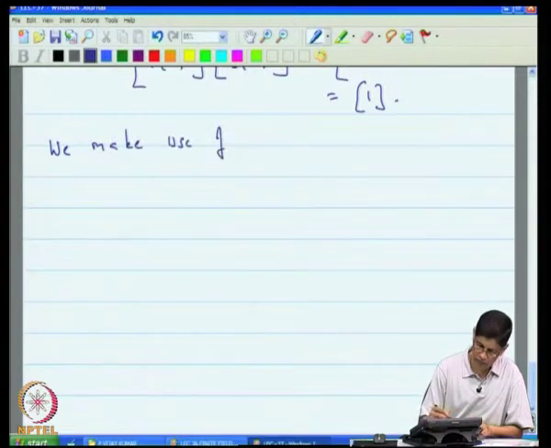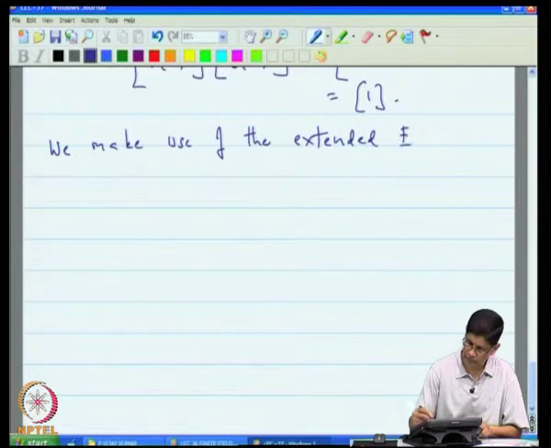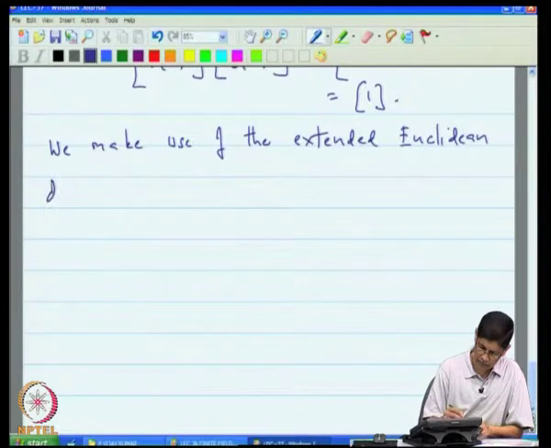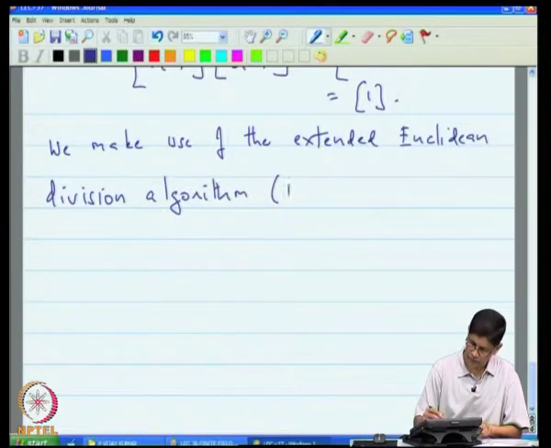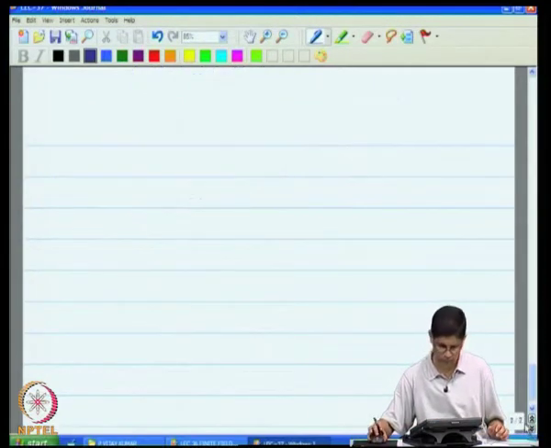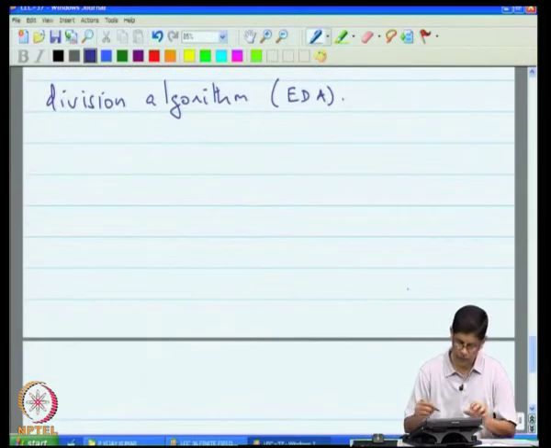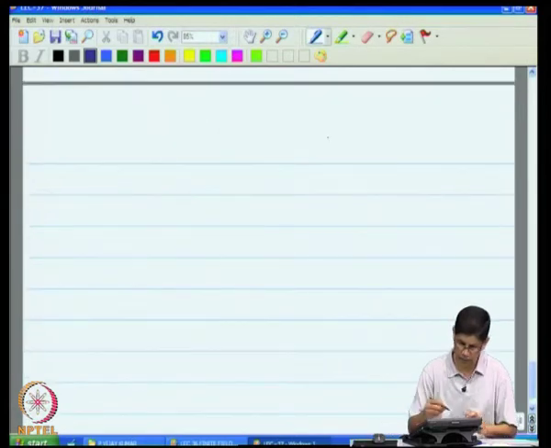We make use of the extended Euclidean division algorithm. We will abbreviate this by EDA, and again I will illustrate through an example. I will do it on the next page to make sure I do not run out of space.